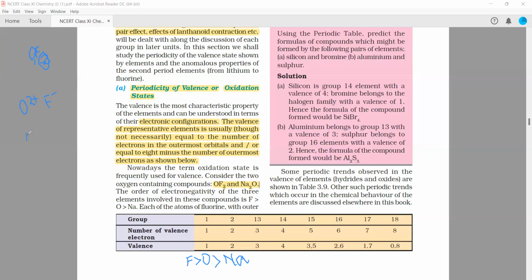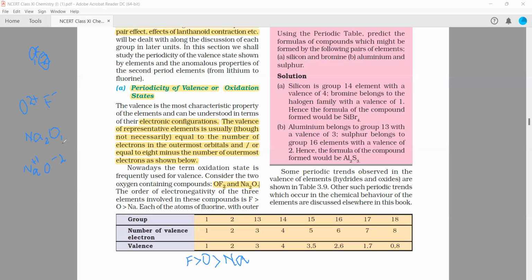Now consider Na2O. Here the most electronegative is oxygen, and this 2 is for oxygen. First of all, oxygen gets the negative, and sodium gets the positive. This 2 has to be for oxygen, so this 2 will go here, and there is 1 here, so this 1 is for the sodium.